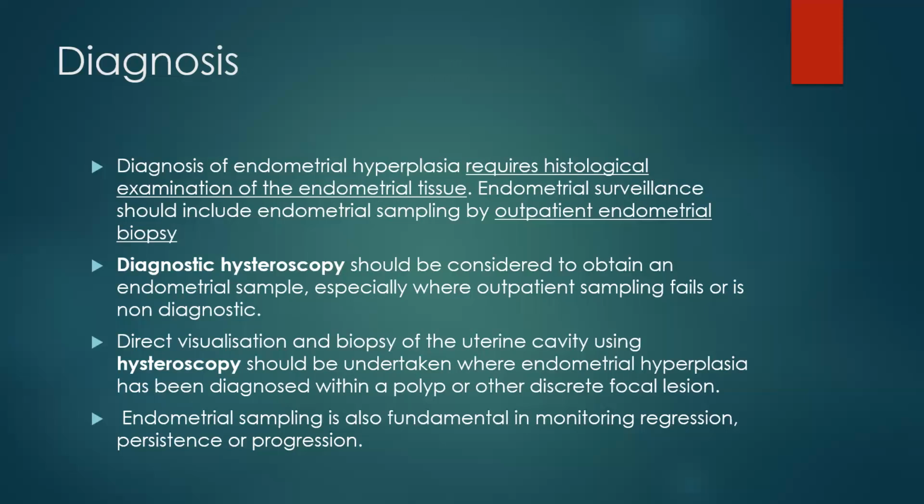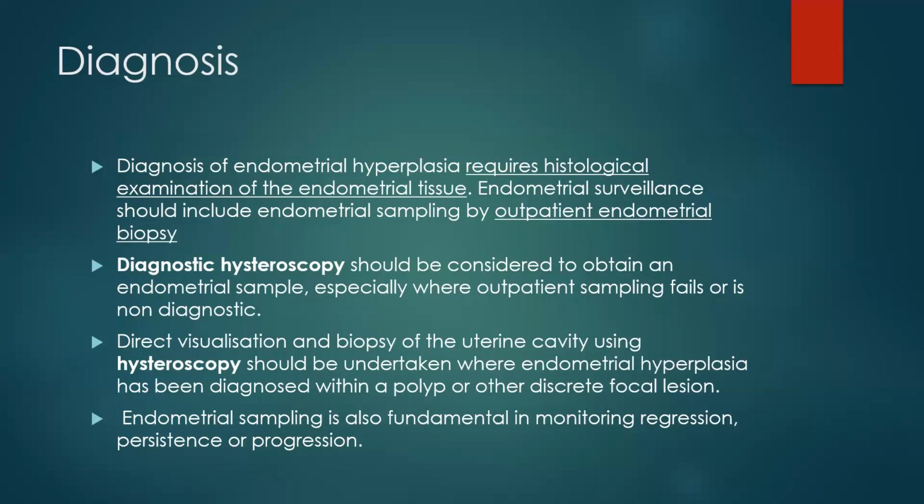So it is always preferable, in the case of a polyp, to use direct hysteroscopy, by which we can remove the polyp, visualize the rest of the endometrium, and take a sample from it.